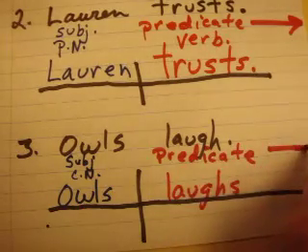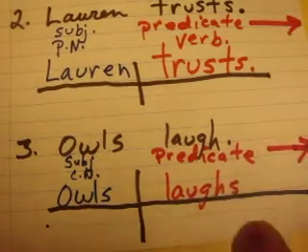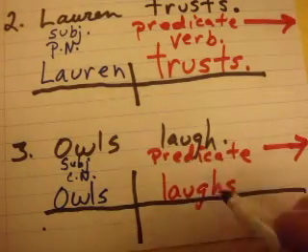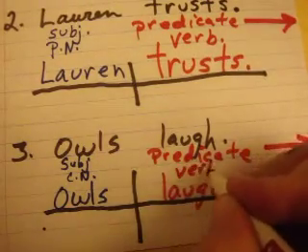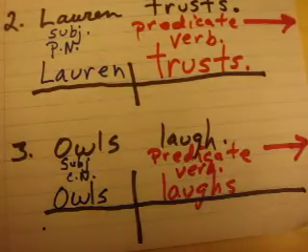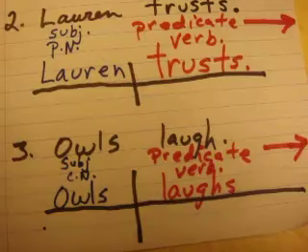And you drew an arrow. Oh dear, there's your arrow. And what type of word? A predicate always has a verb. Okay, you diagrammed your third sentence.